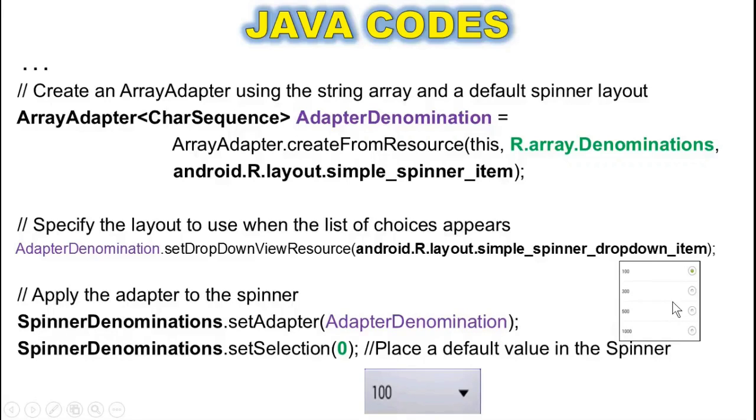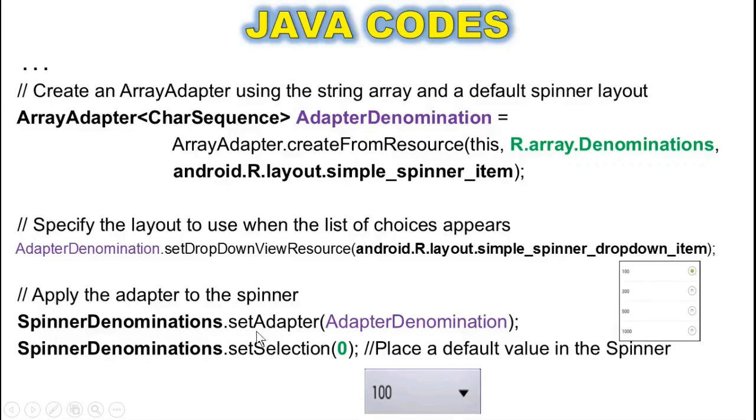Whenever you touch or click the spinner, it will display a drop-down menu. This command line places a default value. This command line will specify the layout to use when the list of choices appears.